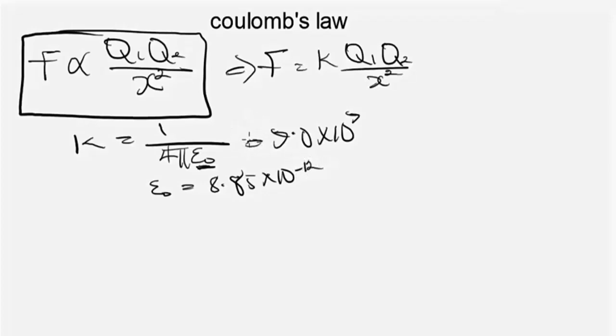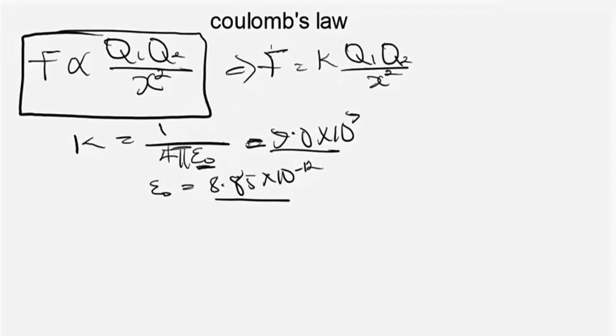So you can simply use this and plug it directly into your calculations, or you can make 1 over 4 pi epsilon naught by using the normal value of pi and the value of epsilon naught, 8.85 times 10 to the power of minus 12.